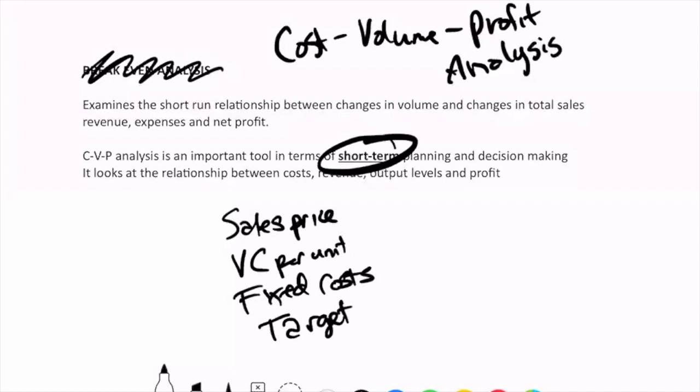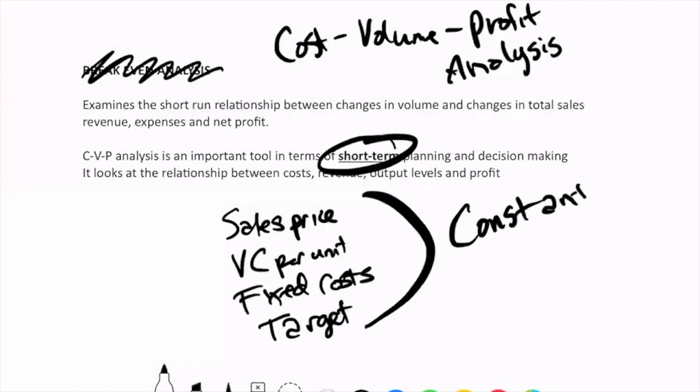All these things in the analysis remain constant. So this is an assumption of CVP or break-even analysis. It's looking at the short term. Everything that you're using is not varying. So for instance, because we sell more, the sales price won't drop in our calculations. The inputs stay constant throughout the whole process.